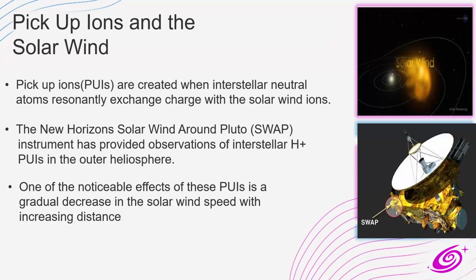One of the noticeable effects of these pickup ions is a gradual decrease in the solar wind speed with increasing distance. And to the right of your screen, we have the solar wind and the New Horizons spacecraft with the SWAP instrument being pointed out.